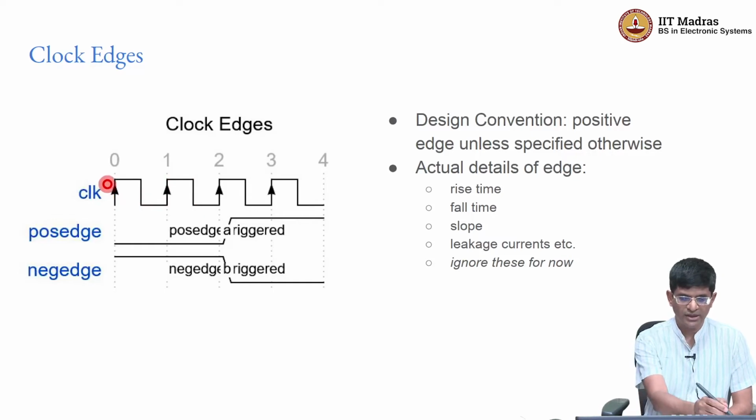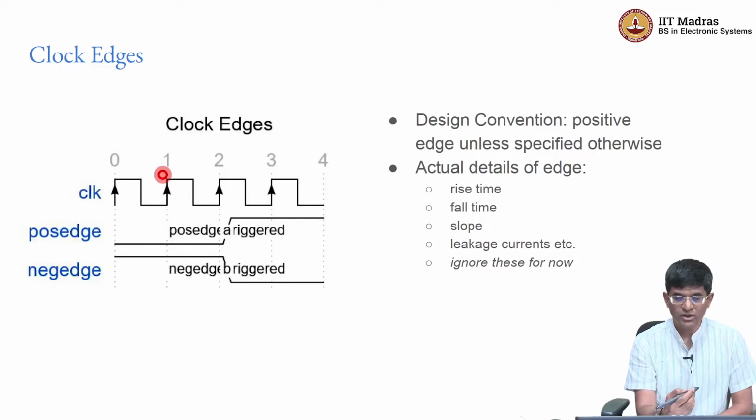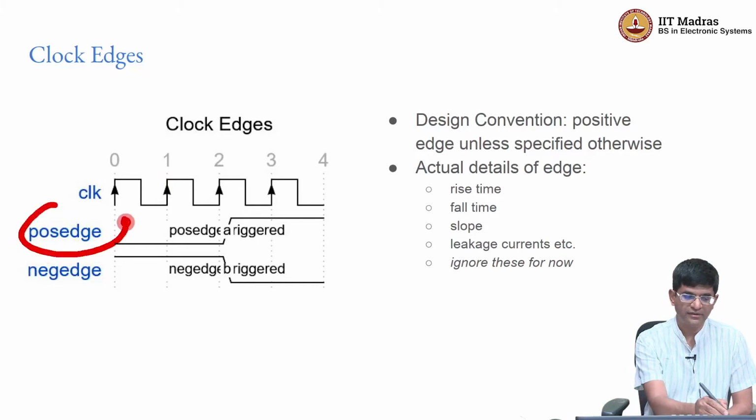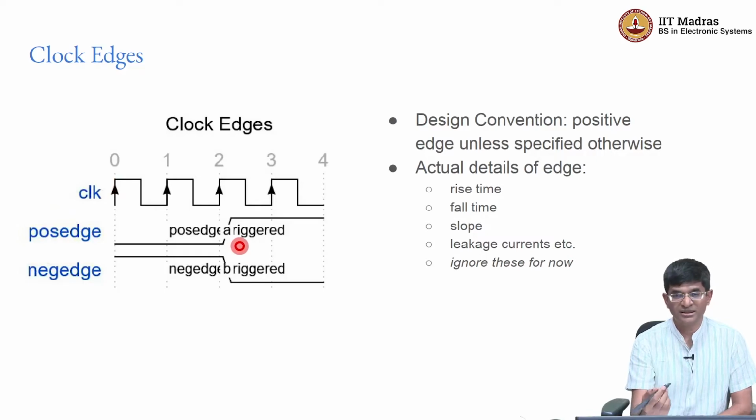I have put arrows on all of the edges that are going from 0 to 1, and those are what are called the positive edges, or in Verilog terminology the posedge. Similarly, the falling edges are called the negative edges, or the negedge. The negative edge goes from 1 to 0, and the positive edge goes from 0 to 1. This is just convention and terminology. Of course it makes sense to call it positive when going from 0 to 1 and negative when going from 1 to 0.